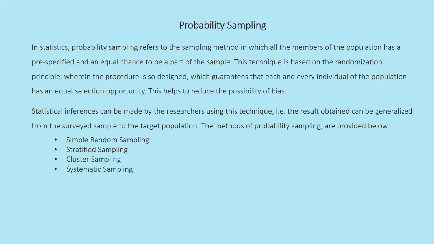This helps to reduce the possibility of bias in selection of our sample. Statistical inferences can be made by researchers using this technique, which makes it such a strong way of collecting data. The results obtained can be generalized from surveys of sample populations, and the methods of probability sampling are then divided into the 4 methods that we discussed.